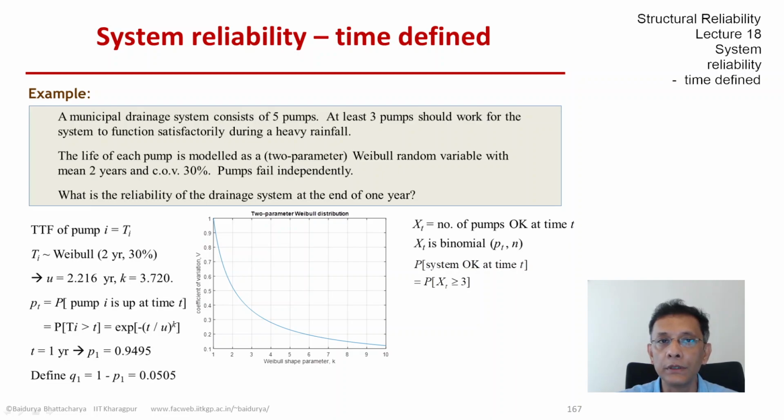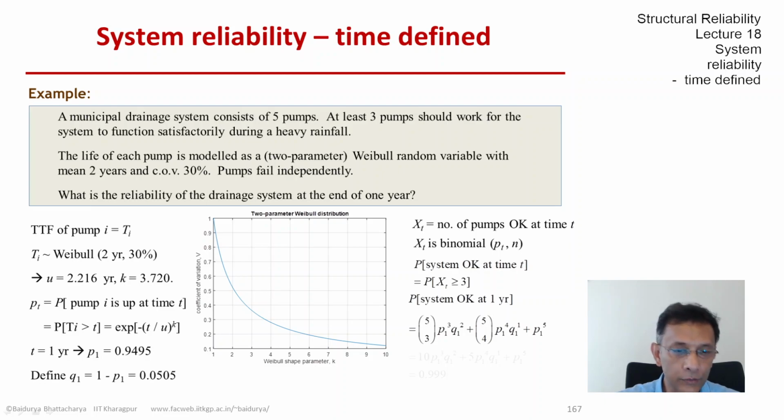So we need to sum three probabilities: X_t equals 3, X_t equals 4, and X_t equals 5, the sum of three binomial PMFs. If I have done the algebra correctly, we should get an answer of 0.999, which is a very highly reliable system, provided obviously the pumps actually operate and fail independently.